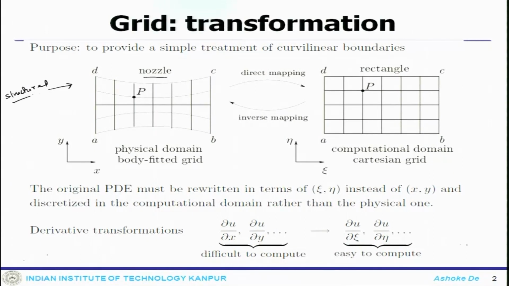Then the volume of each element is not uniform. Once you look at this grid, the grid spacing like delta x, delta y, is no more uniform.